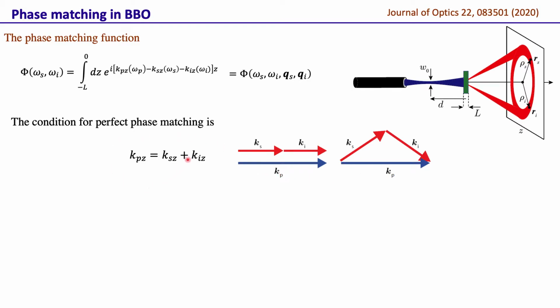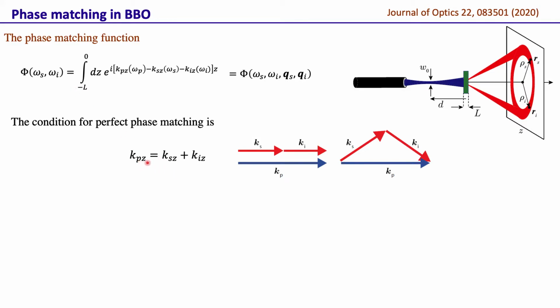So essentially the point is whatever conditions lead to kpz being equal to ksz plus kiz, we say that the phase matching is satisfied, and to the extent that the phase matching is satisfied, the value of this phase matching function is greater, and to that extent we get the down converted photons generated.